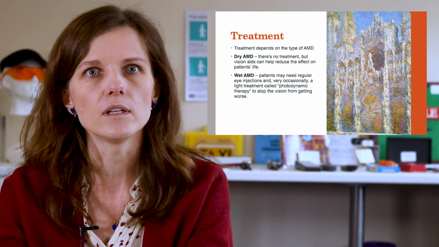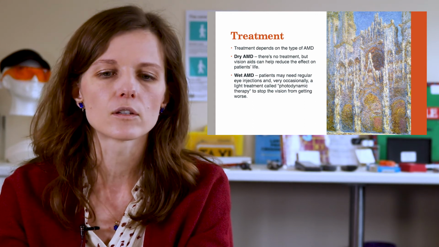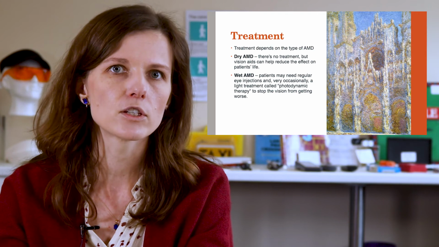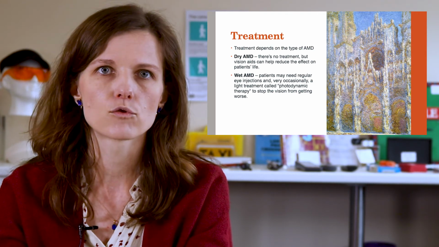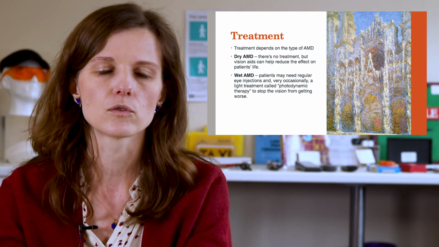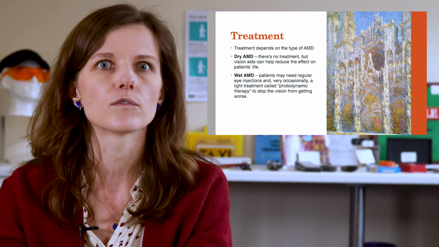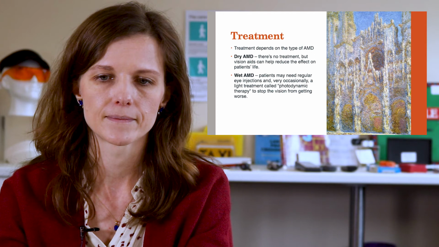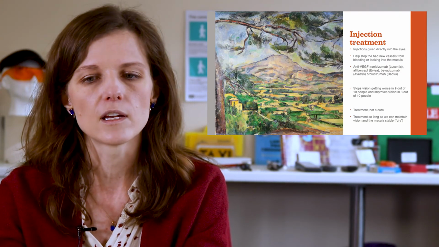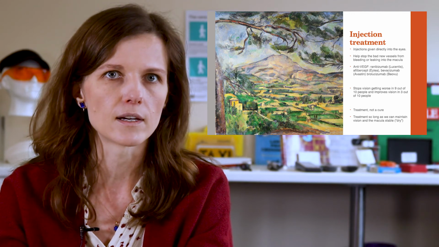In wet AMD, patients may need regular injections of a medication in their eye, and very occasionally a light treatment called photodynamic therapy can be used to help stop the vision from getting worse. The injections that we use in AMD are given directly into the eye.